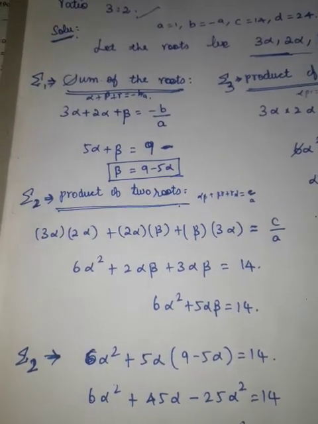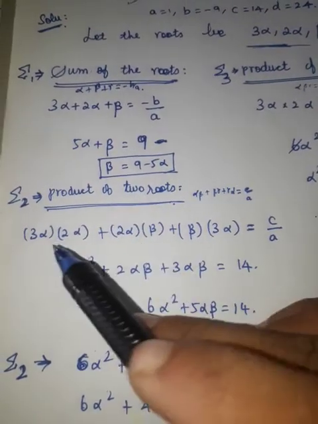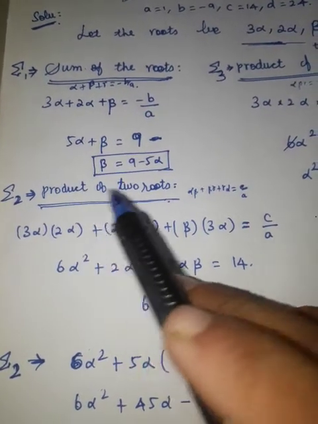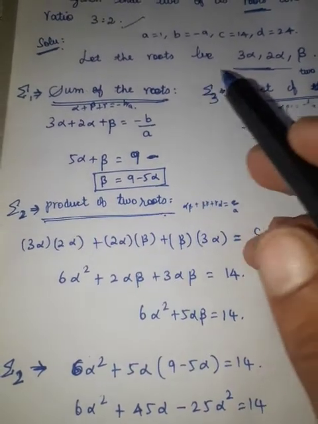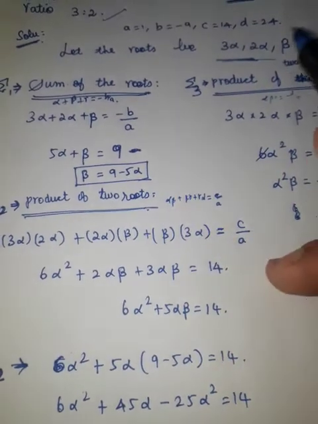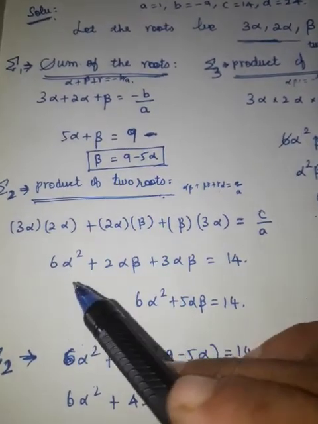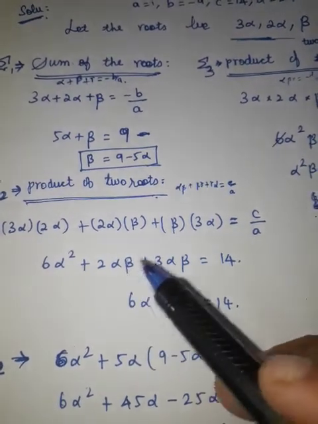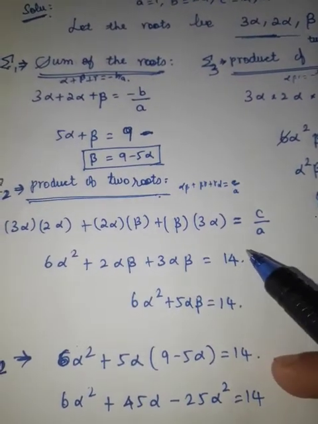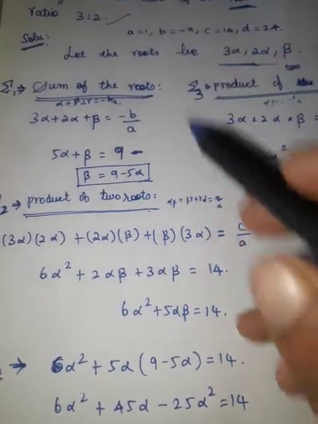The second one, summation 2, the product of two roots: 3 alpha into 2 alpha, then 2 alpha beta, then beta 3 alpha, equal to c by a. So 3 into 2 is 6 alpha square, 2 alpha beta plus 3 alpha beta equal to the c value 14 divided by a value 1.